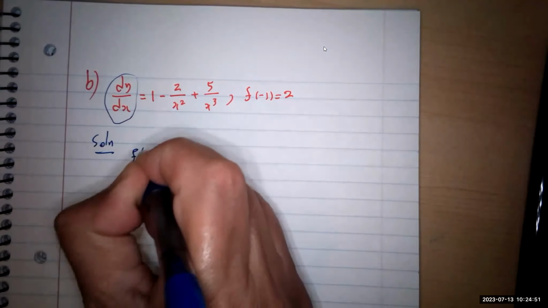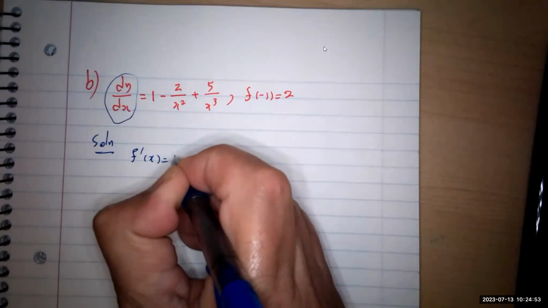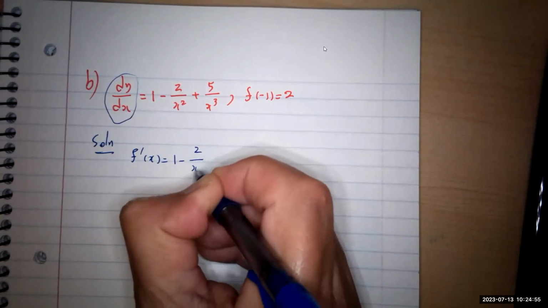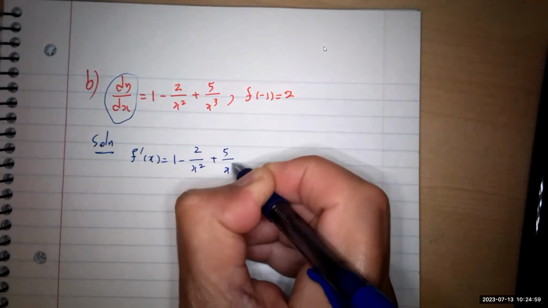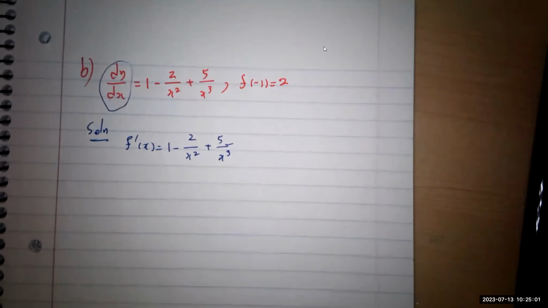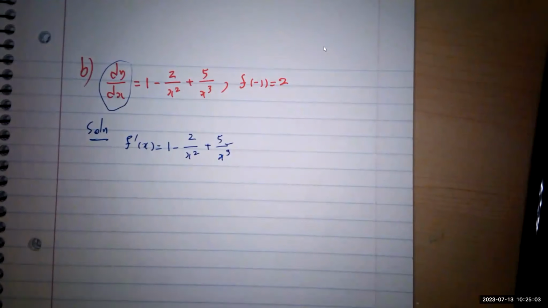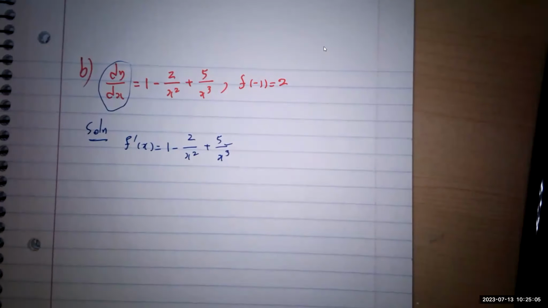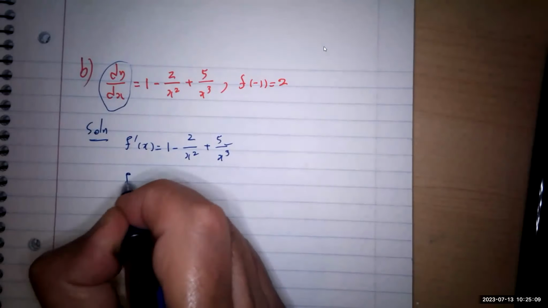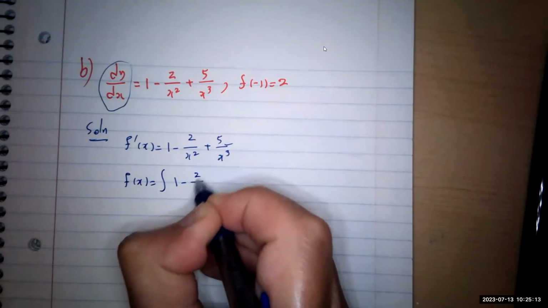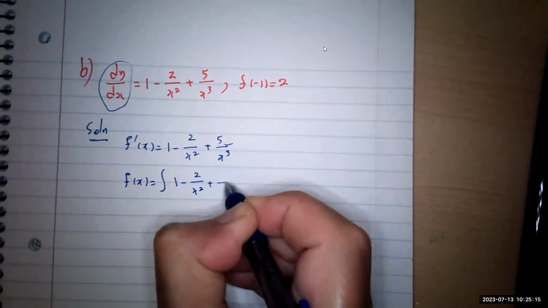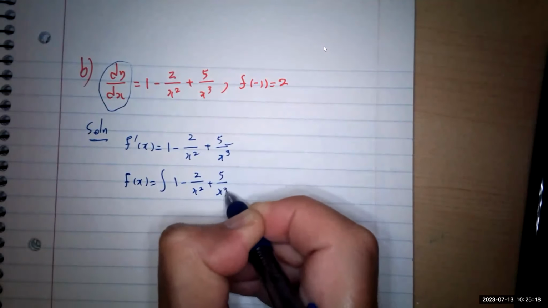So write f prime is 1 minus 2 over x squared plus 5 over x cubed. That's it. So you have the derivative of the function, and you want to get the function. This is the antiderivative operation. So f of x is the integral of 1 minus 2 over x squared plus 5 over x cubed dx.